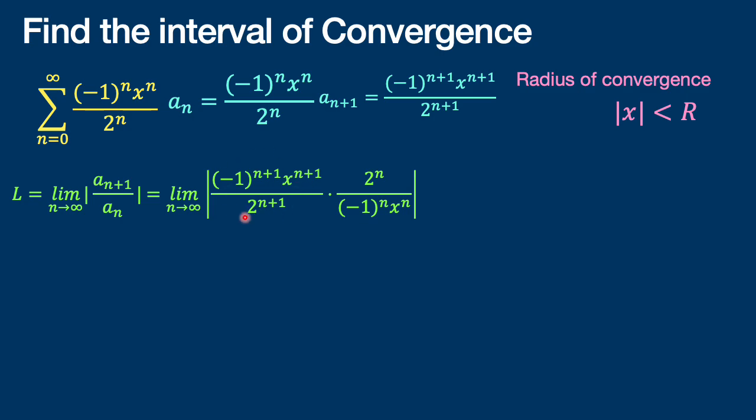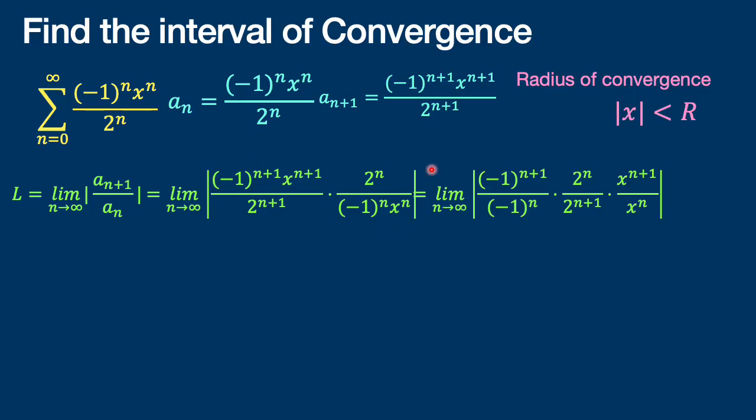This one is a_(n+1), and the second is the reciprocal of a_n. Putting similar terms together, we have negative 1 to the n, 2 to the n+1 moves to the right below the 2 to the n, and x^(n+1) moves above the x^n.